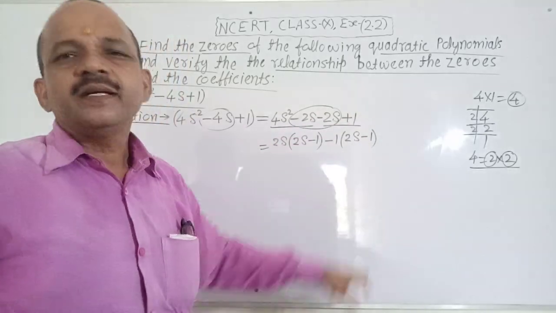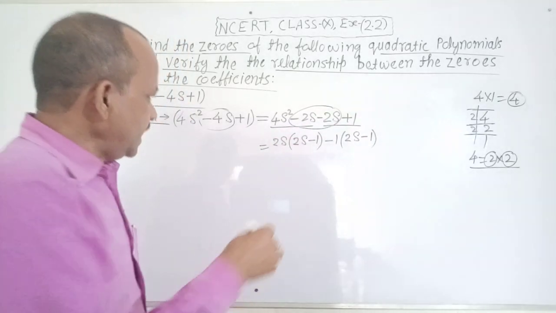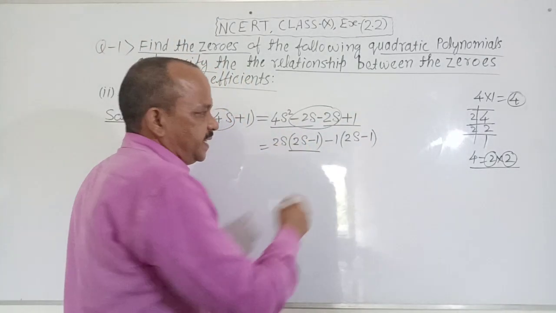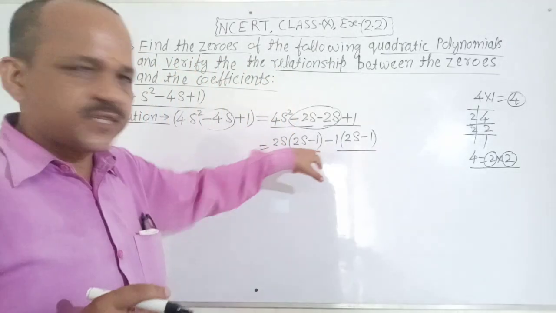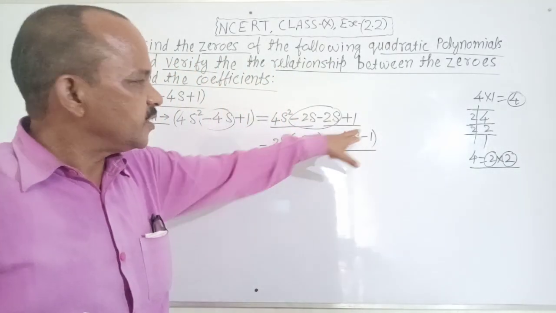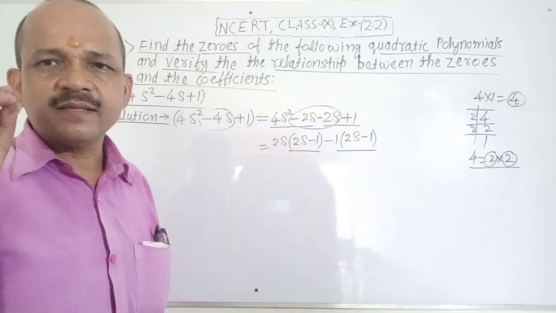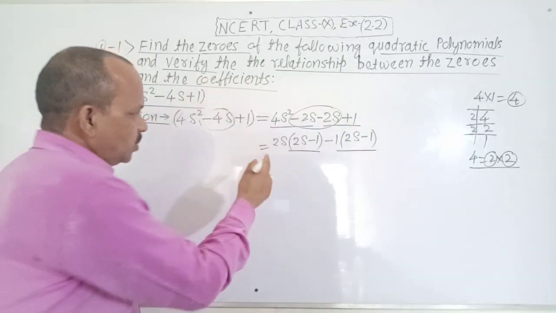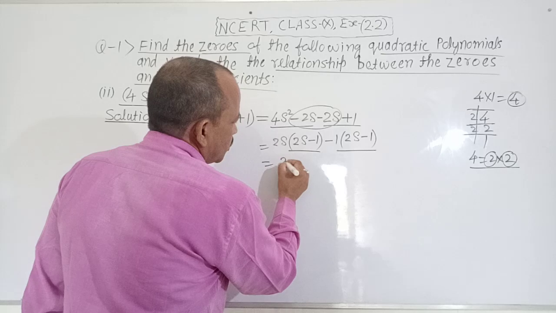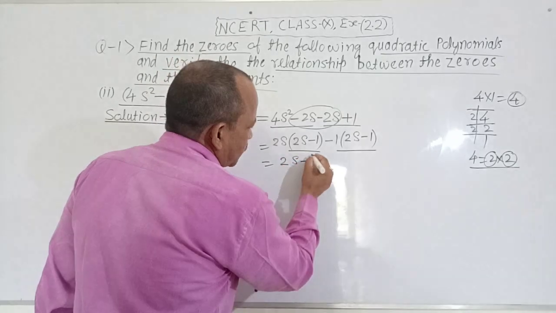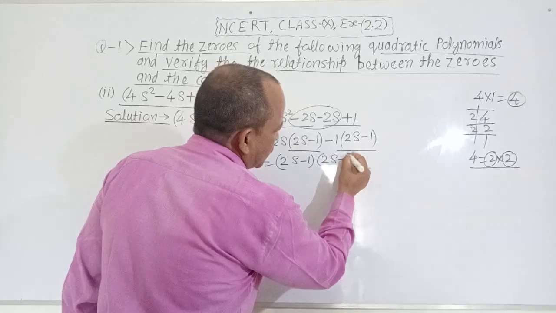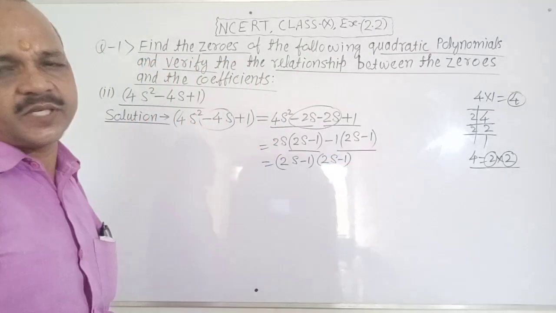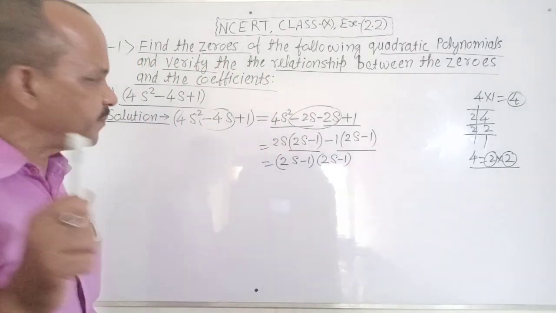It means it is correct. Here in the first brackets 2s minus 1, here 2s minus 1 are the same. Clear? Now you can write 2s minus 1 in the first brackets, 2s minus 1 in the second brackets. It is clear?